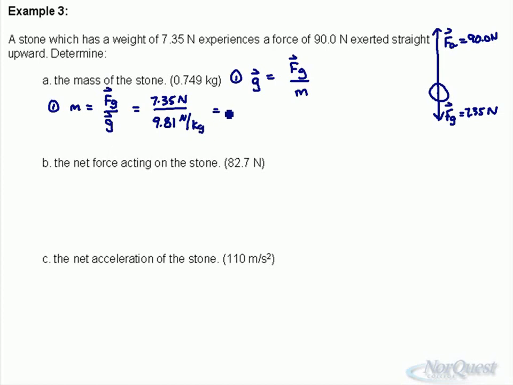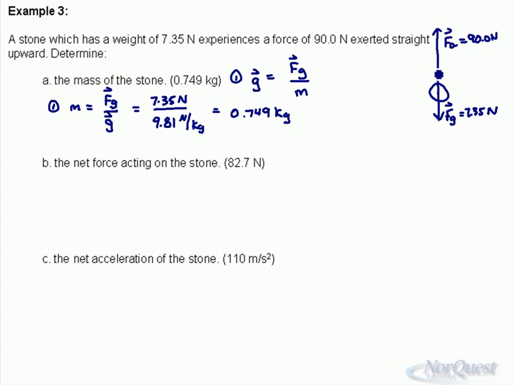Well, 7.35 divided by 9.81 should give us 0.749 to 3 significant digits kilograms. That's the mass of this stone.